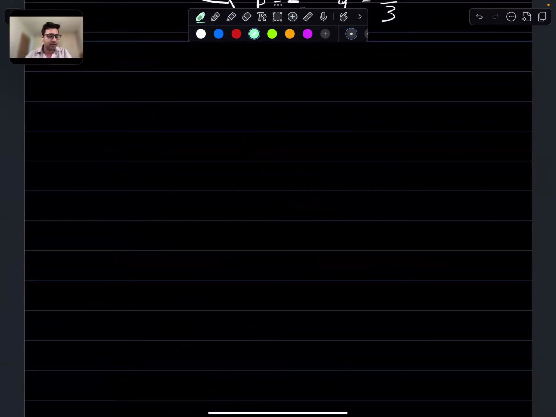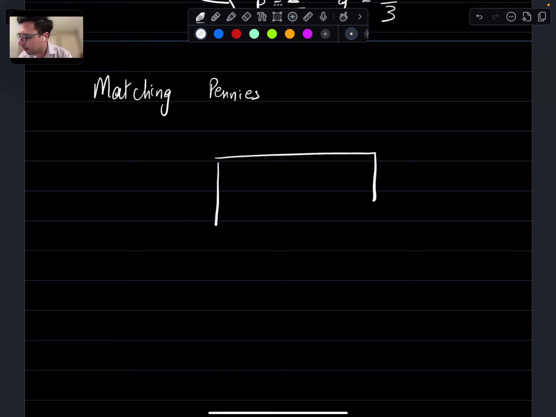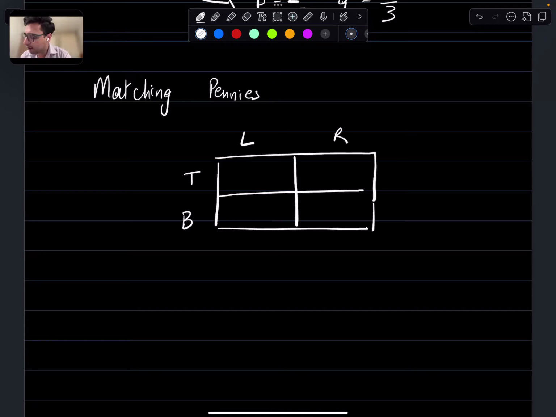Okay, let's do one more example of a game in which we'll find a mixed strategy Nash equilibrium. This game is called Matching Pennies, and it's essentially a 2-action version of rock, paper, scissors. The idea in this game is that we have top, bottom, left, right.